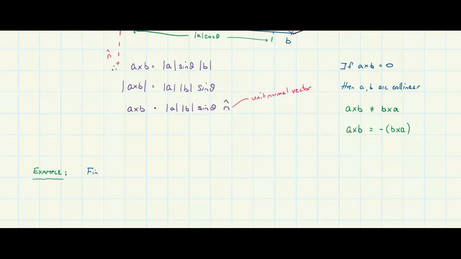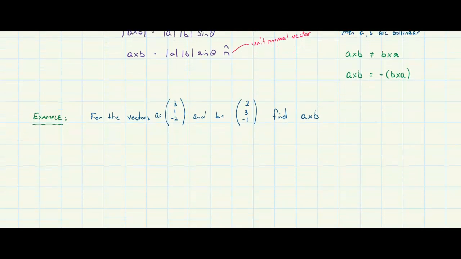So for the vectors, let's say A is 3, 1, negative 2, and B is 2, 3, negative 1, find A cross B, the cross product, the vector product. So the result's going to be a vector.